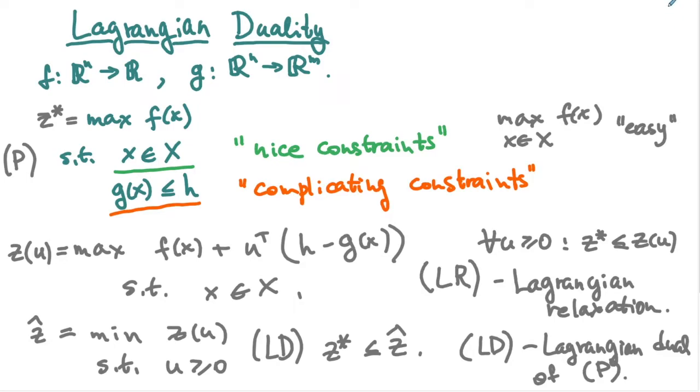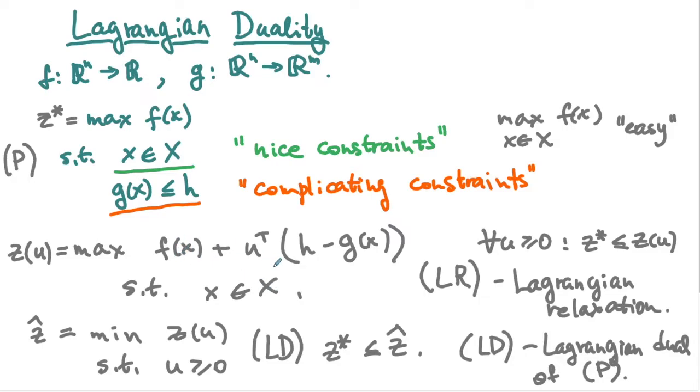For the Lagrangian dual to be useful, we need to be able to obtain z of u from here, and then we need to be able to compute the optimal objective value for the Lagrangian dual efficiently. All right. So with respect to computing z of u, we assume that f of x plus u transpose times h minus g of x can be optimized efficiently over x, just like f of x was.